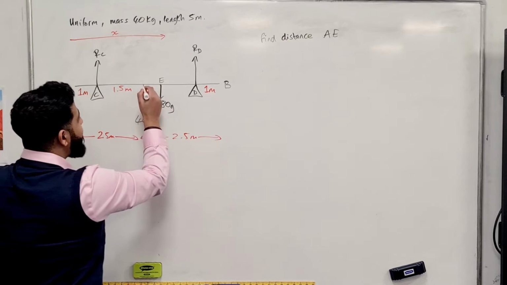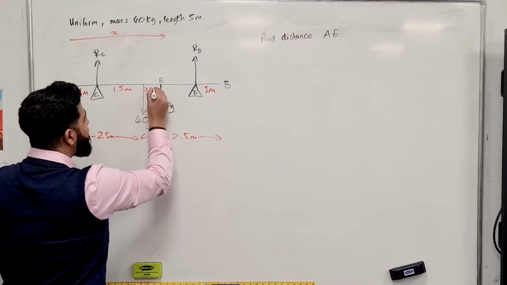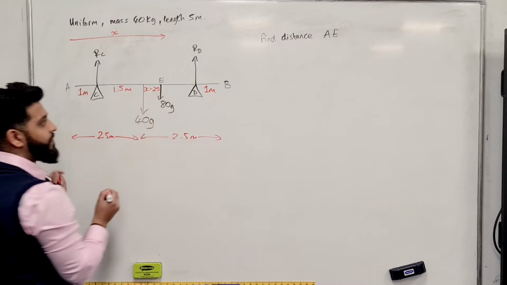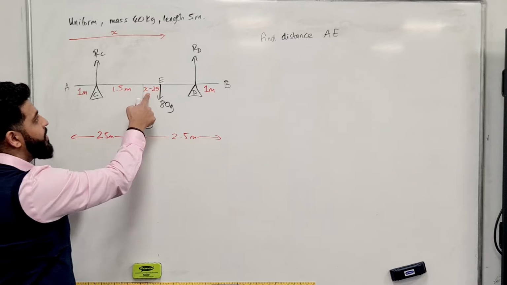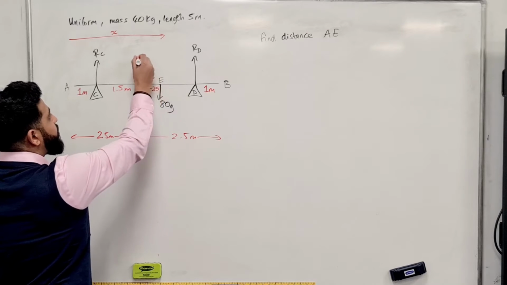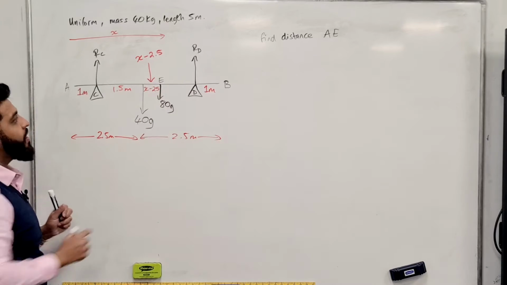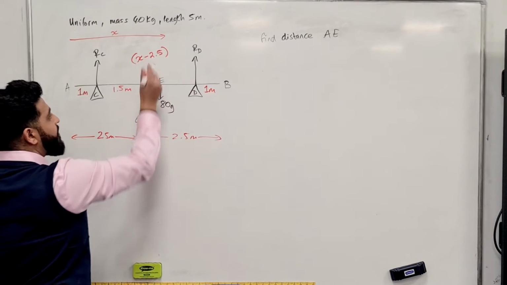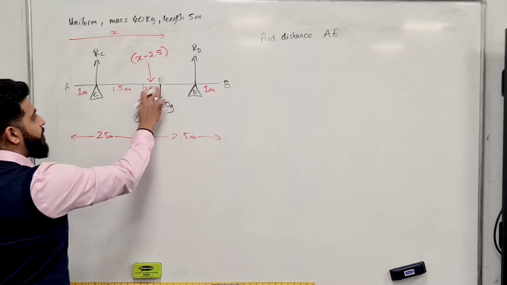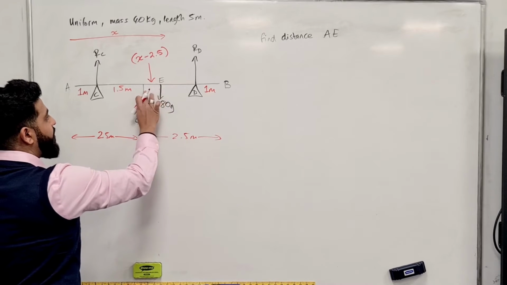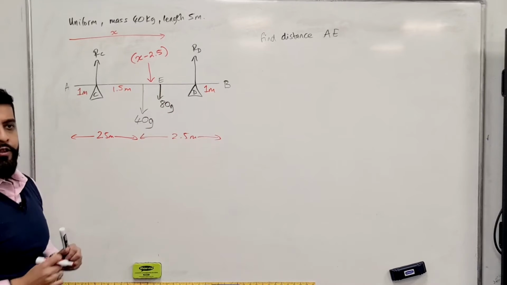So we can write in here X minus 2.5. I'll just draw an arrow here showing this. So X minus 2.5, that will be the length right there. Let me just get rid of that so it's not in the way.